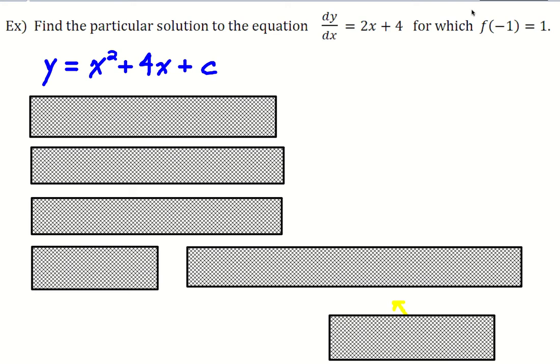But if they give you extra info like this, right over here, that f of negative 1 equals 1, in other words, y equals 1 when x equals negative 1.